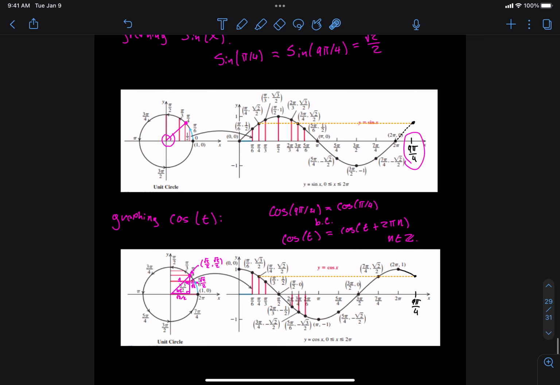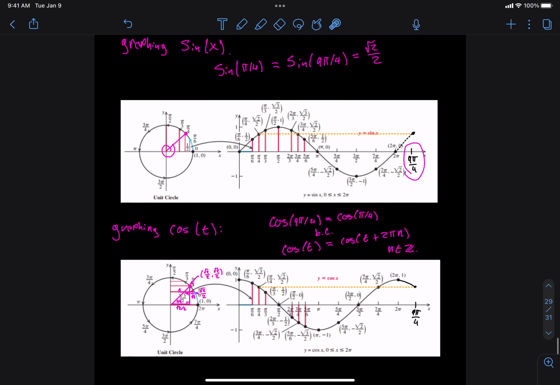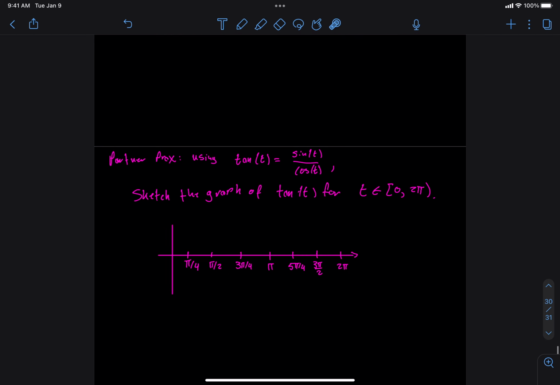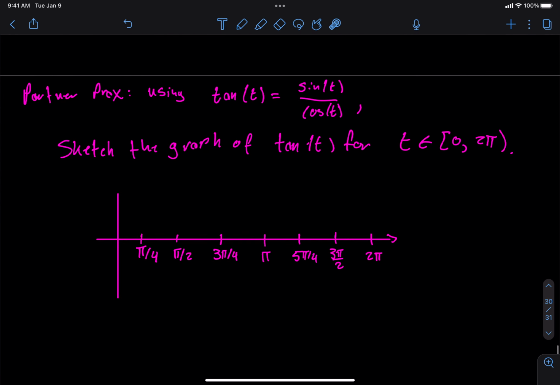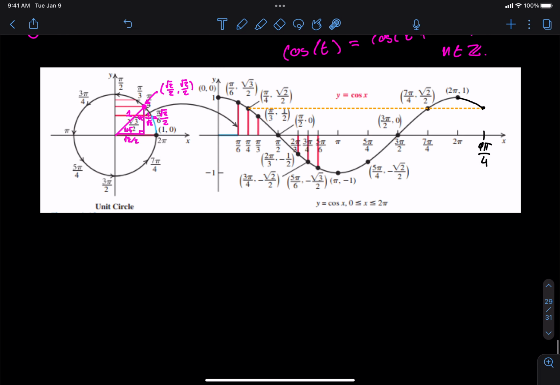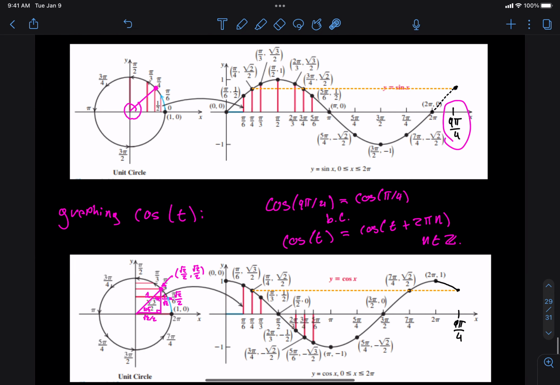So with this information, I'd like you to attempt to make the graph of the tangent function, which is just sine divided by cosine. So what am I going to do to get the height of the tangent function when the input is pi over 4? I'm going to take the height of sine and divide it by the height of cosine, and so on and so forth.